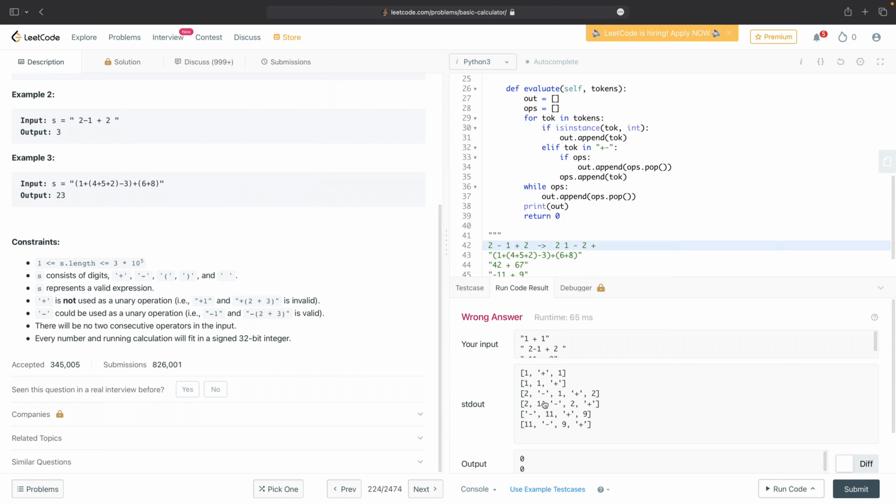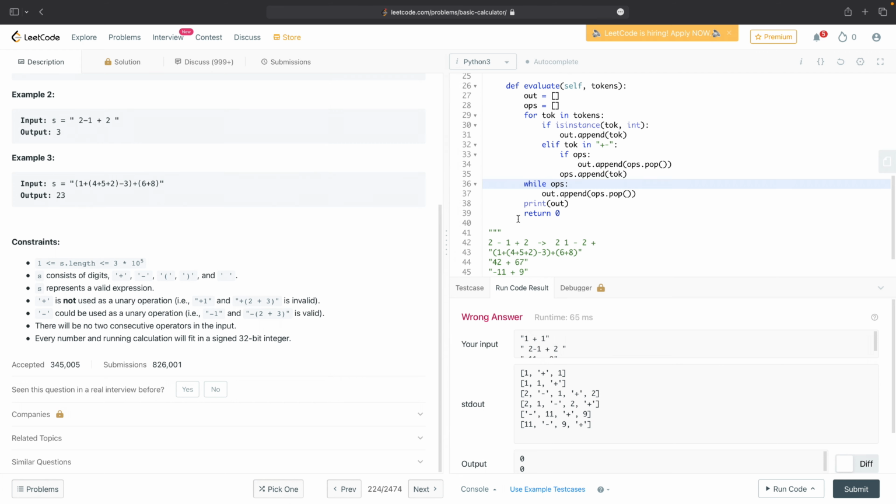Good. Now we need to handle parentheses. And the way they work is basically this while ops.pop business is very much what we want to do.